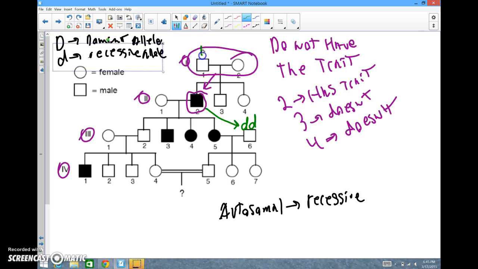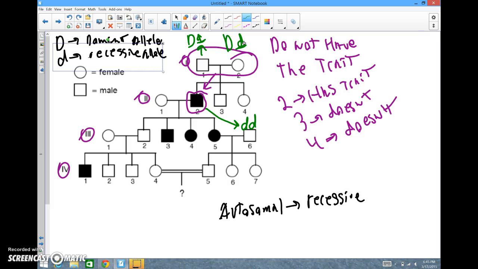And that means that number 1 in generation 1 has a big D, and we don't know what else. And generation 2 has a big D, and we don't know what else. Now we know they have to have the big D because they don't have the trait. And we know that this person has to be little d because they have the trait. And so that means that this has to be little d.